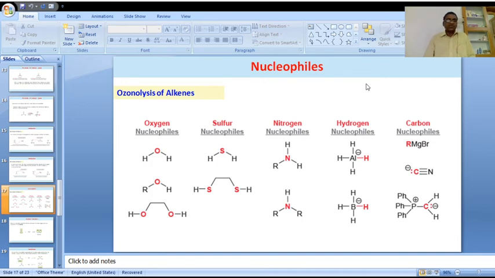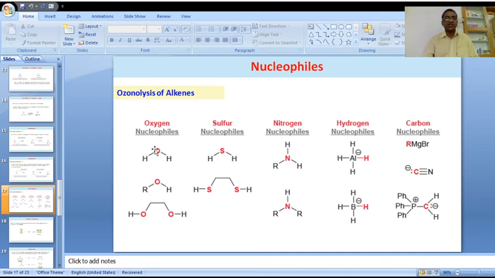Here, the first type of nucleophile is oxygen-containing nucleophiles. Please observe. An oxygen nucleophile example is the water molecule, H2O. The second one is ROH, an alcohol.